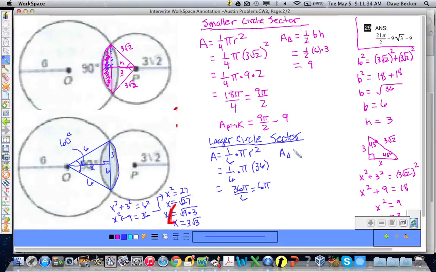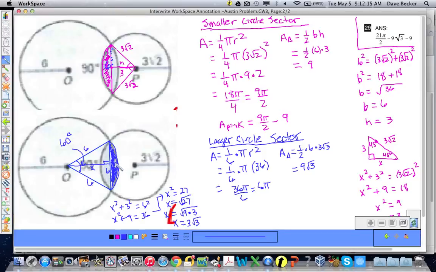The base is 6, so that's going to be 1/2 base, which is 6, times height, which is 3 root 3. Okay, and so 1/2 times 6 is 3, times 3 is 9, so that's going to be 9 root 3. So now the area of this blue sector right here, I can get that by taking the area of the entire sector, which I have here, which is 6 pi, and subtracting the area of the triangle, which is 9 square root 3.